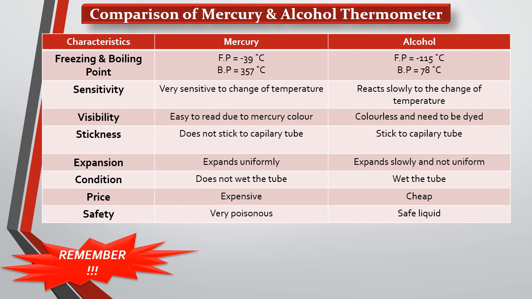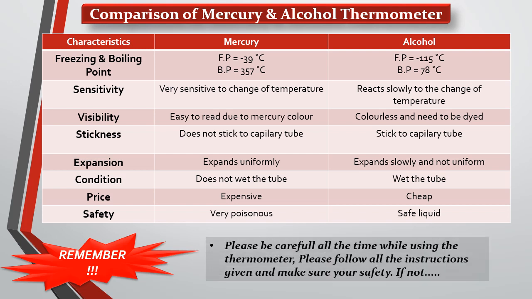Alcohol is a safe liquid, but you must remember alcohol catches fire easily. Please be careful all the time while using the thermometer. Please follow all the instructions given by teachers or lab assistants and make sure of your own safety.